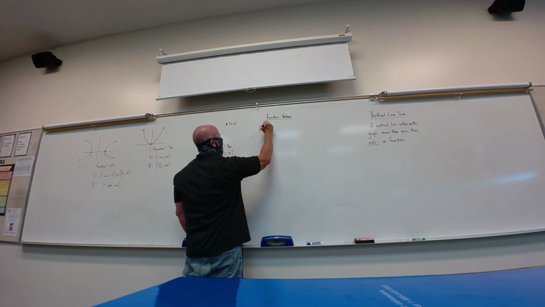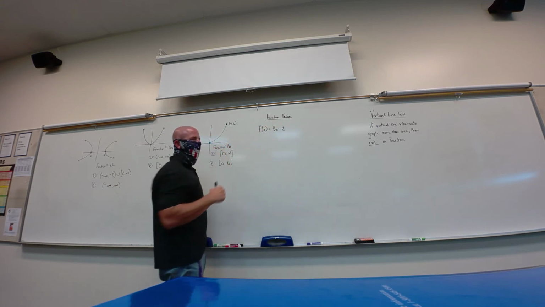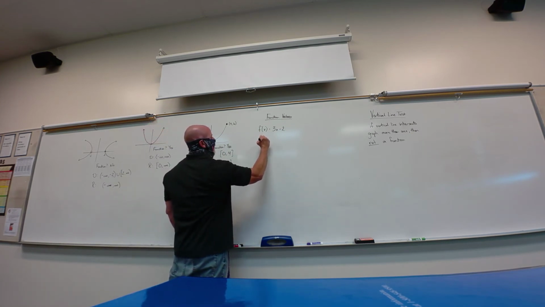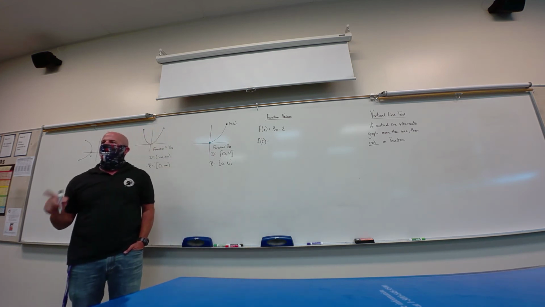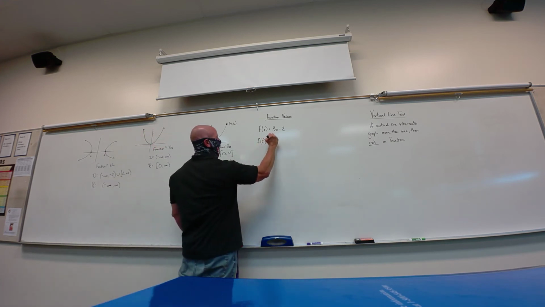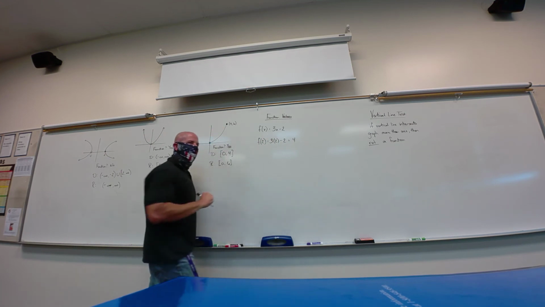If I have f of x equals 3x minus 2, this is your old function value idea. If I want to find f of 2, that means I'm substituting 2 for x. So I'd have 3 times 2 minus 2, which is 4.